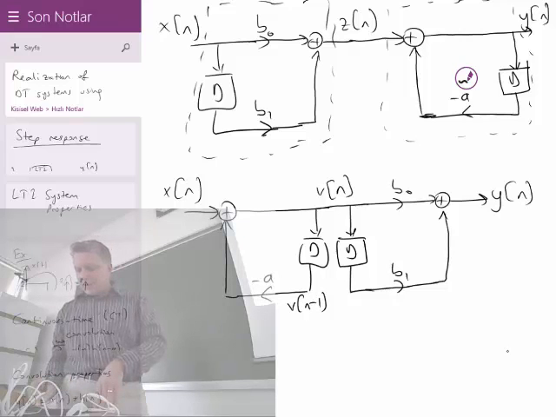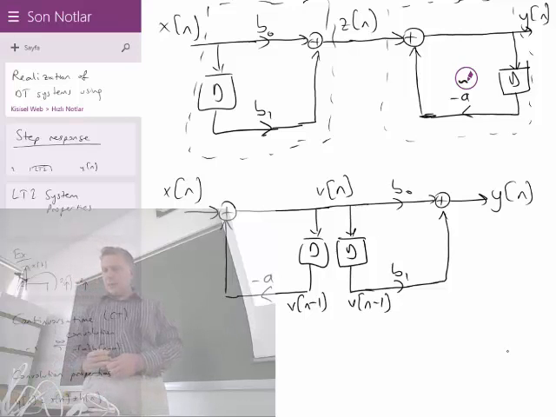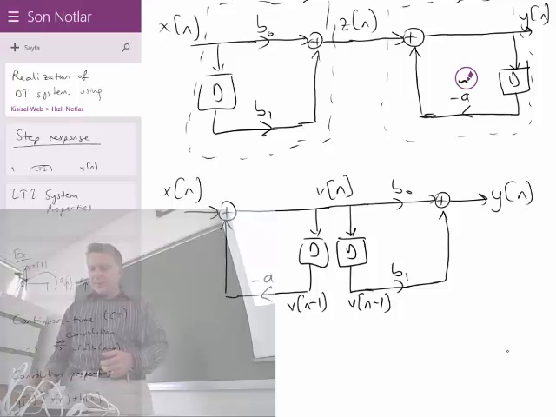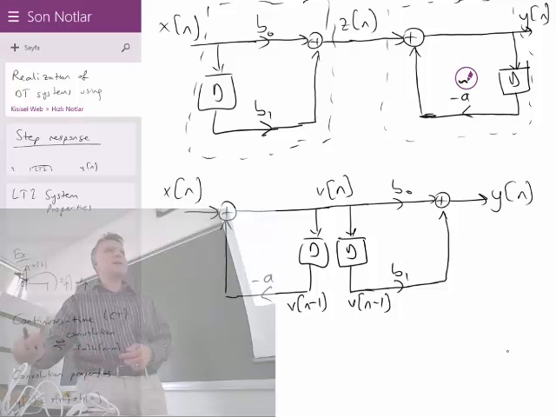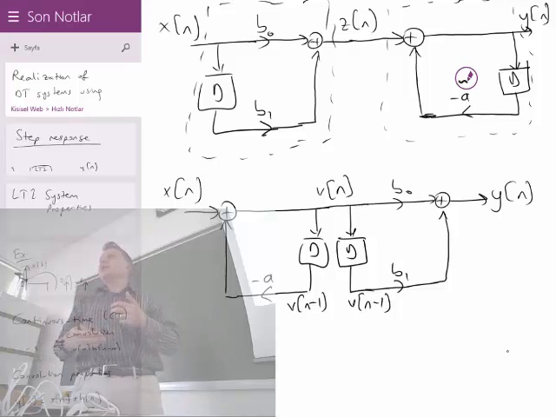However, as you see, this point here will also be V of n minus 1. So they are the same signals. Because the top signal is the same, the bottom signal is the same. I'm using a delay element, one delay element to produce V of n minus 1 from Vn. And I use another delay element to produce V of n minus 1 from V of n.